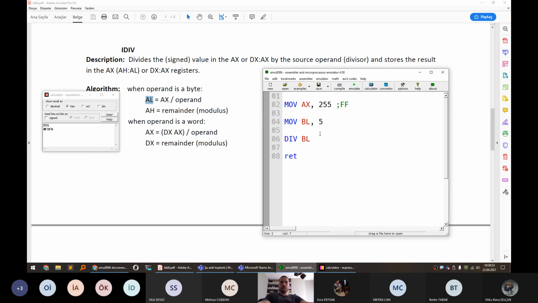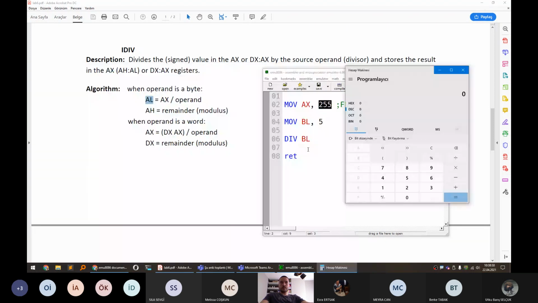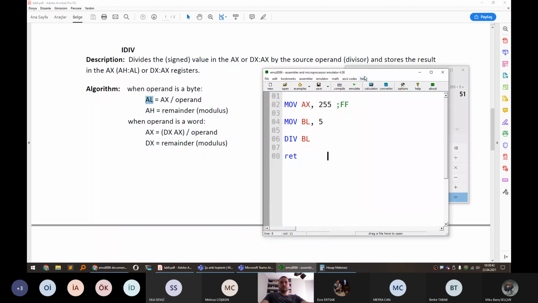Sorry for that. So we put 255 in AX, put 5 in BL, make the division operation. What will be the result? The result will be 51.